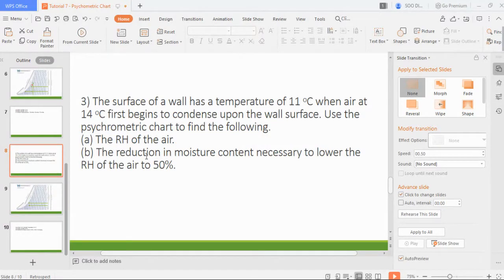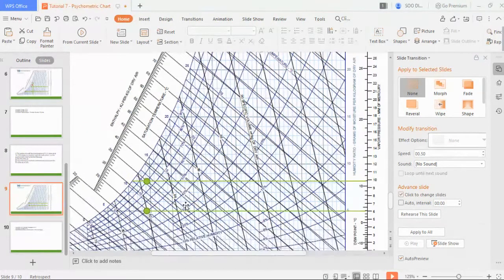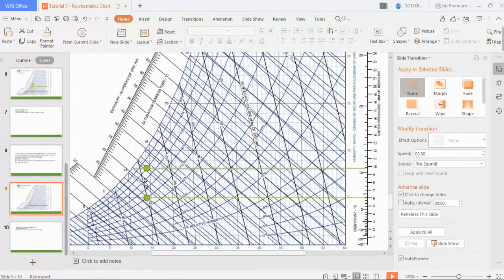Okay, so 80%, to reduce it from 80% RH to 50% RH, within the same temperature, from 80% to 50%, you can just draw within the same line.